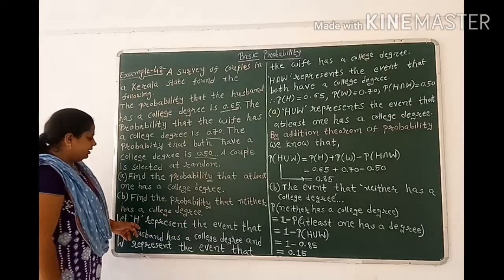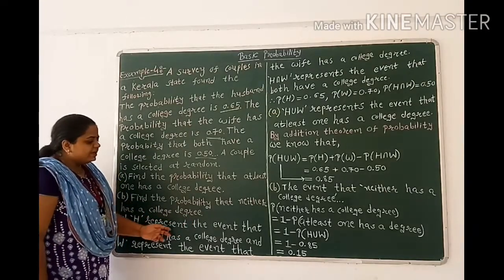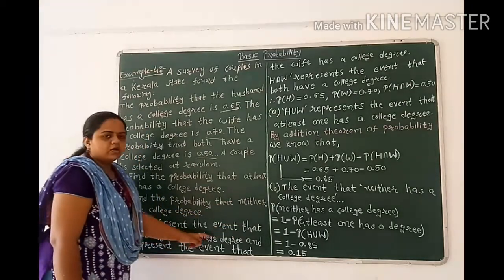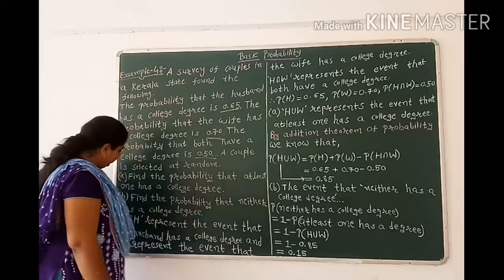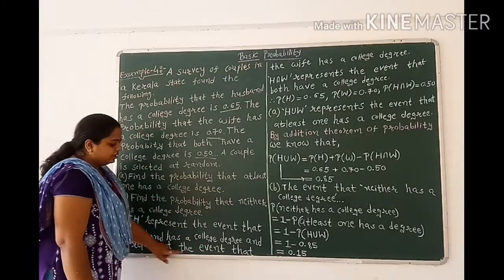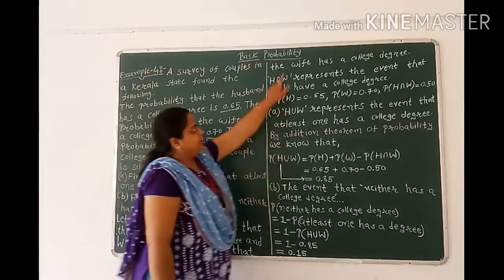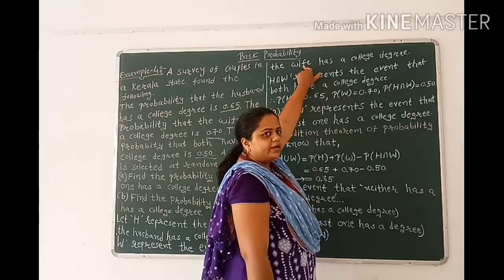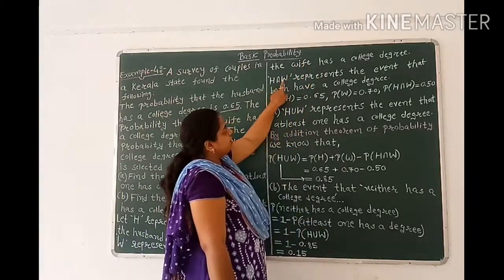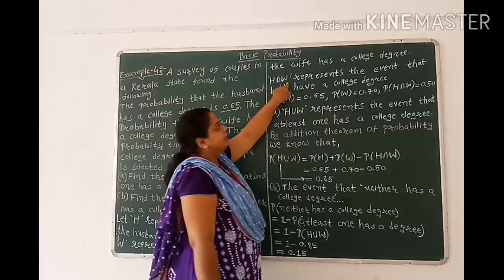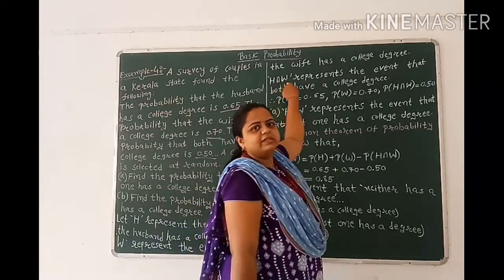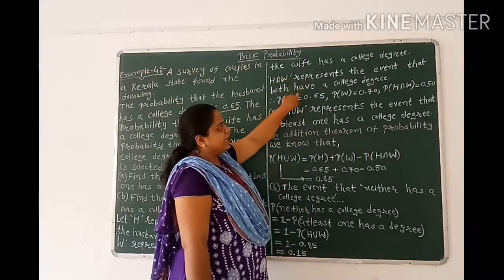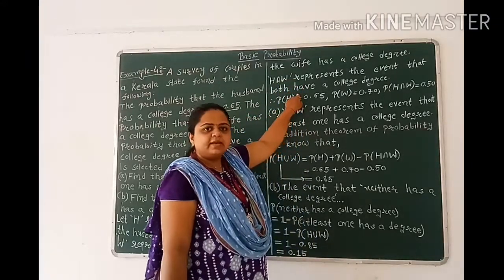Here, let capital H represent the event that the husband has a college degree, W represent the event that the wife has a college degree, and H intersection W represents the event that husband and wife both have a college degree.